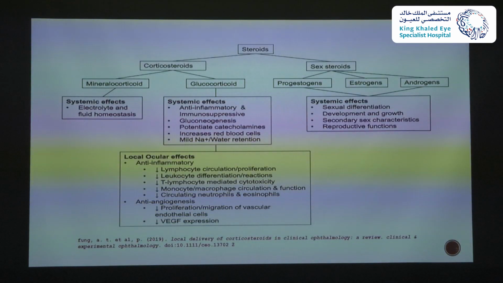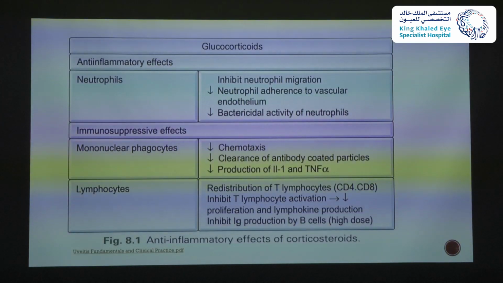This is also some illustration, and these are the glucocorticoids, which are the main anti-inflammatory. As we know, they have systemic effects and local ocular effects. We will go through them. What's the most important for us is the anti-inflammatory and the immune suppressive effect of steroids.